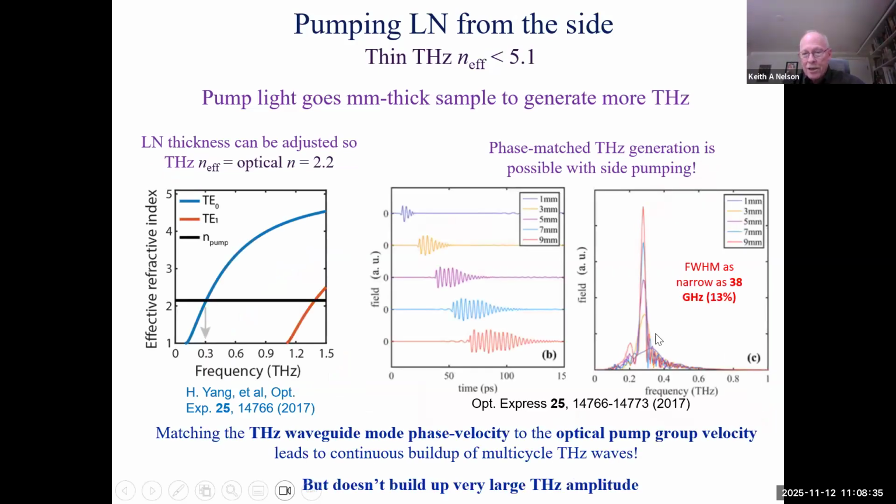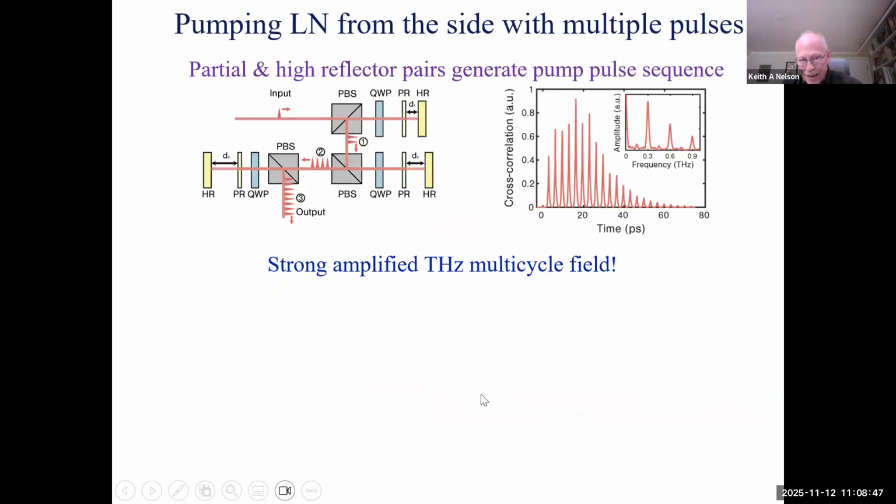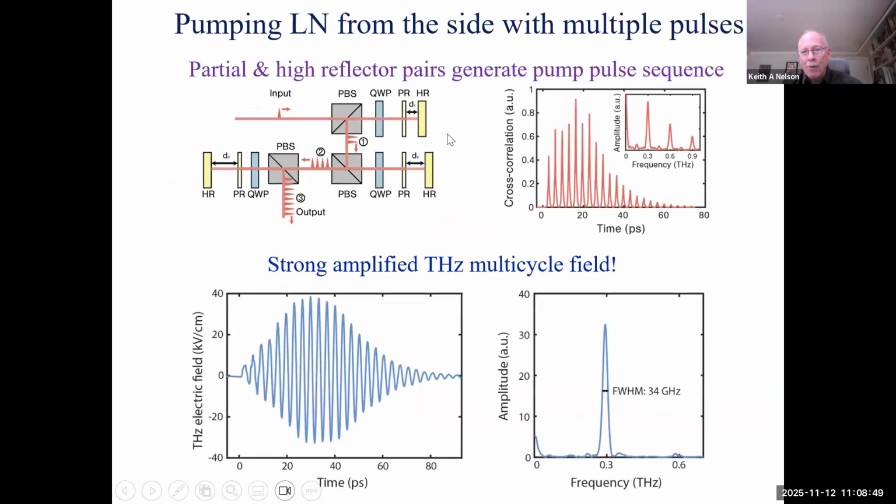And here's the result. So now we came in with side pumping like this and built up lots of pulses, making a somewhat narrow bandwidth, but this was just with one incident light pulse. Instead, now we came in with a whole sequence of optical pulses made by multiple reflections.